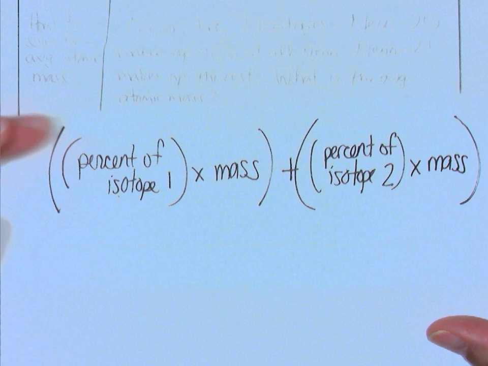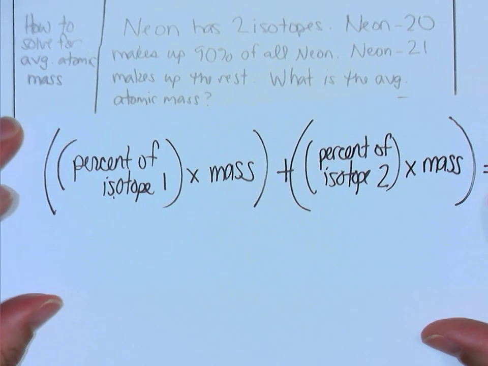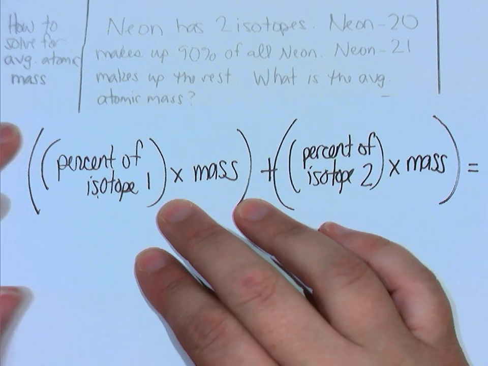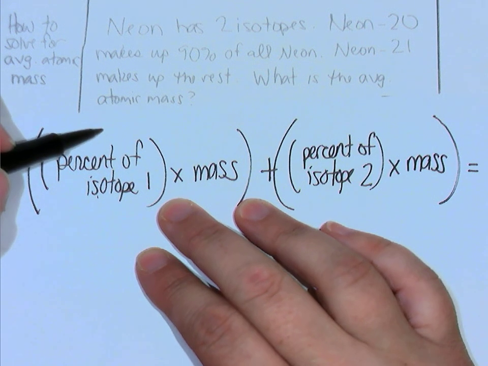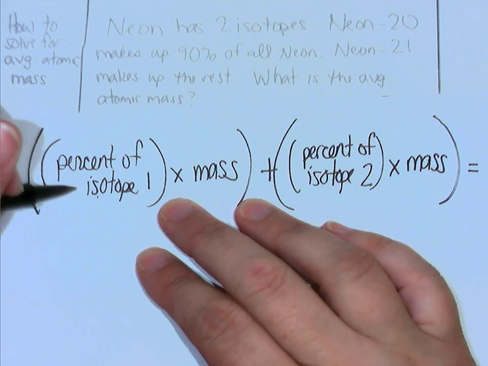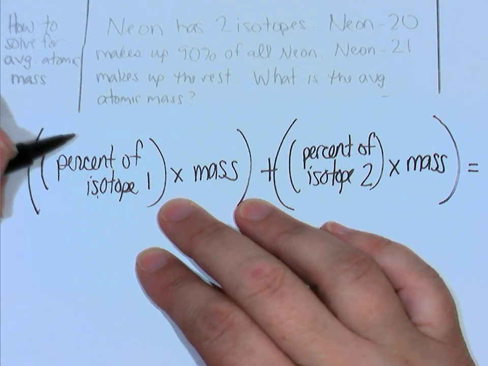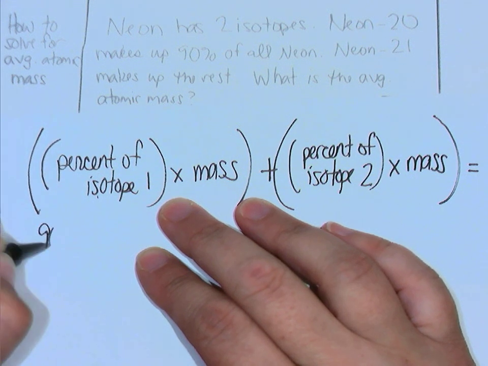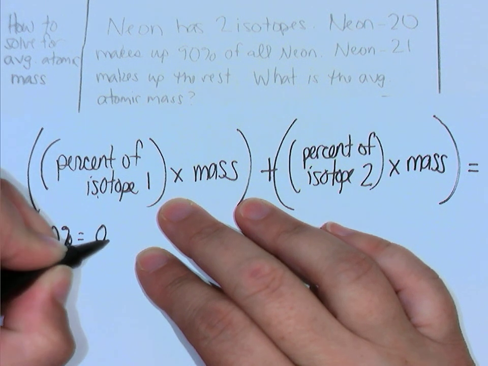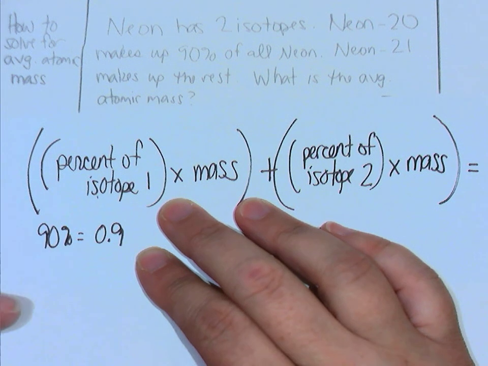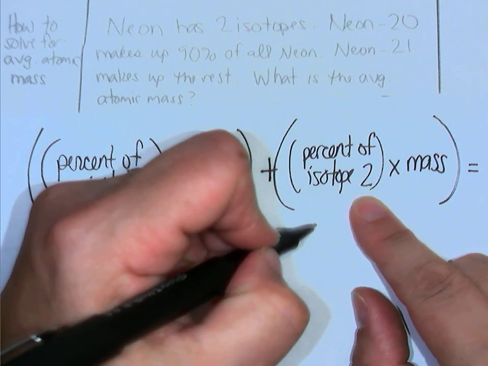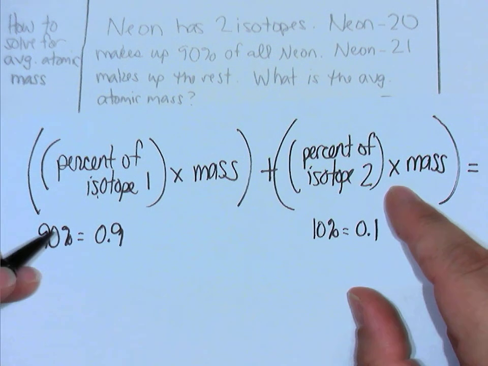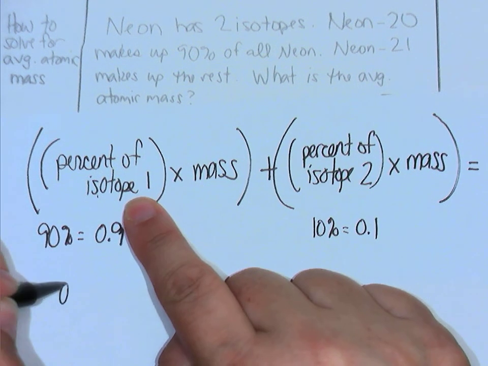So to calculate that, I would have to take the percent of isotope 1, which is 90%, okay? And we can't put the percent in here, so we're going to do that in terms of a fraction. So 90% equals 0.9 of a whole, right? Just like 10% would equal 0.1 of the whole. So I'm going to take 0.9.